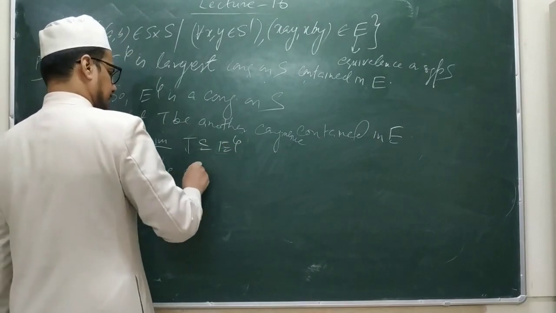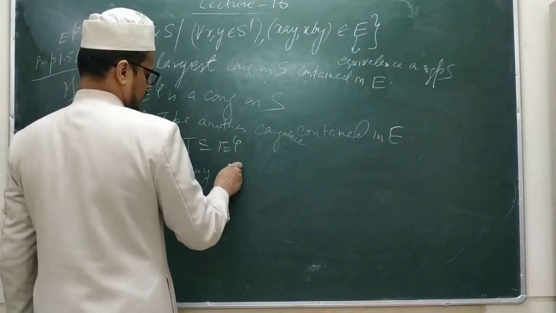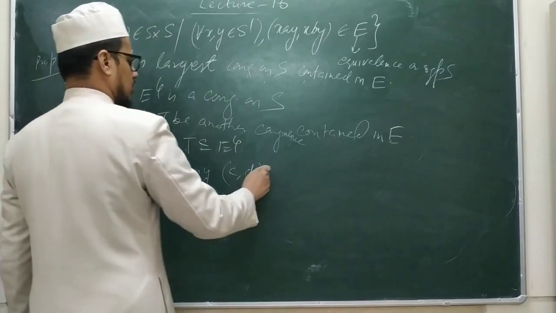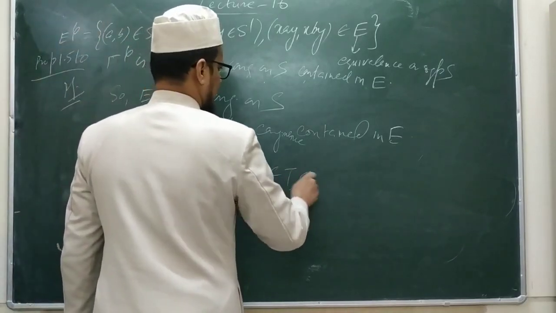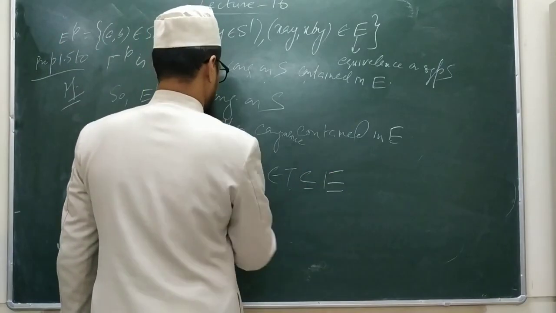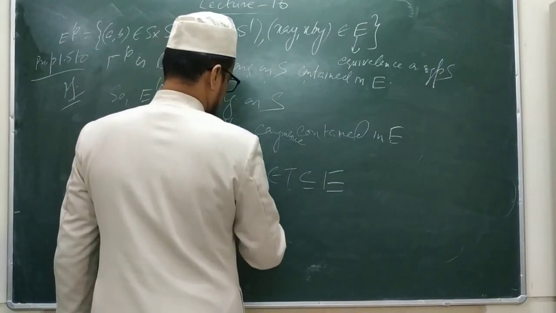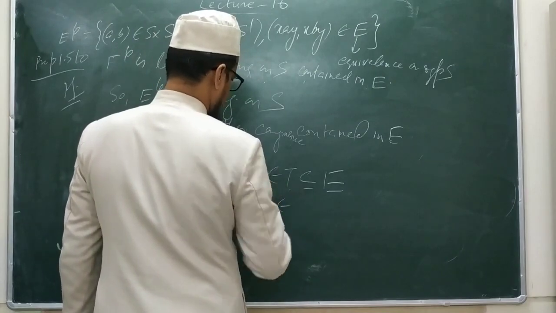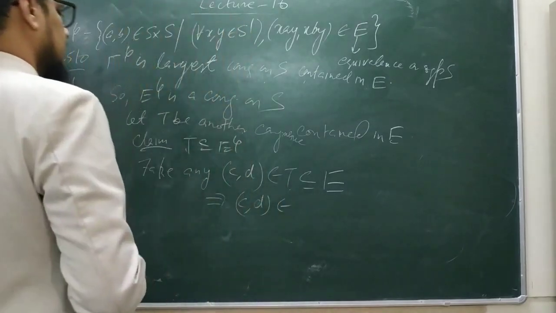Now take any C comma D belongs to T. Then T is contained in E. It implies that C comma D belongs to E. Correct?